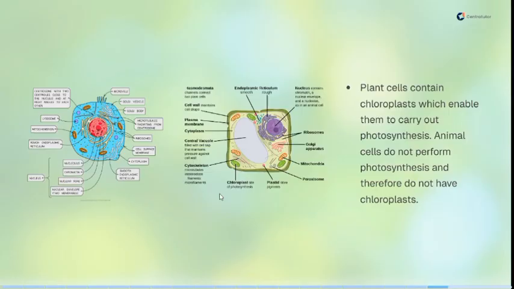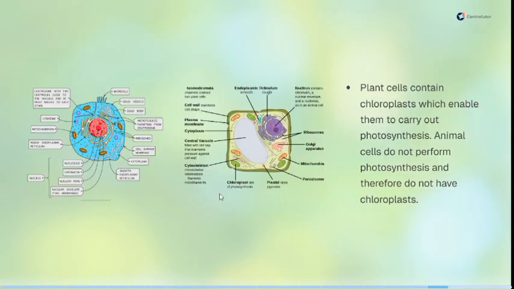These are the organelles found within a plant cell. For an animal cell, we have centrosome and centrioles, Golgi vesicles, microvilli, Golgi bodies, microtubules, ribosomes, cell surface membrane, cytoplasm, smooth endoplasmic reticulum, the nucleus, the rough endoplasmic reticulum, mitochondria, and lysosomes.